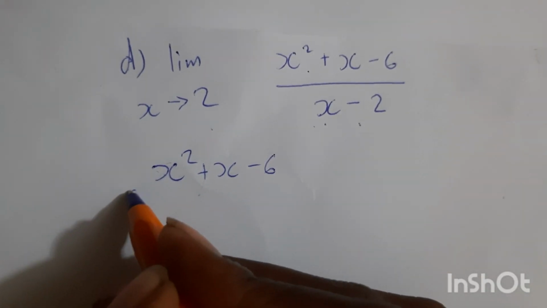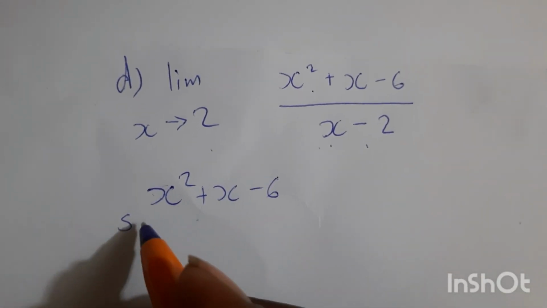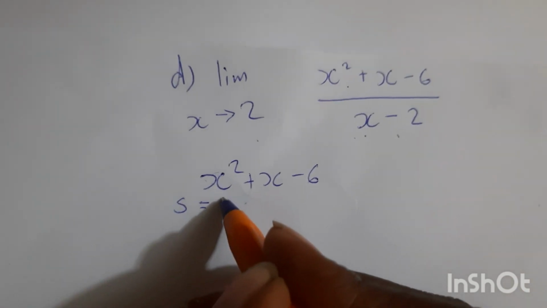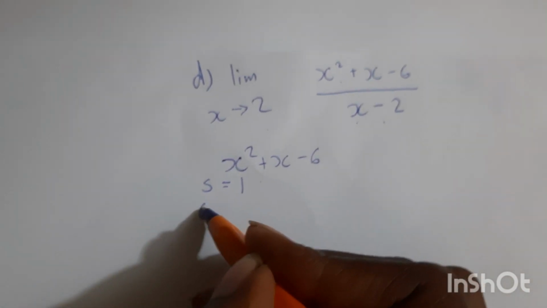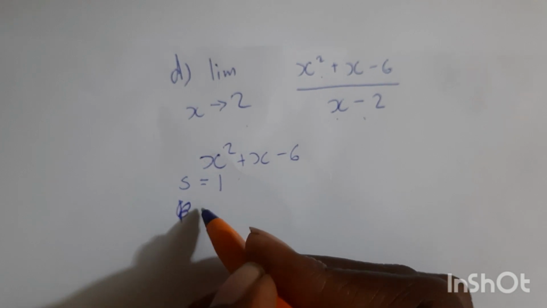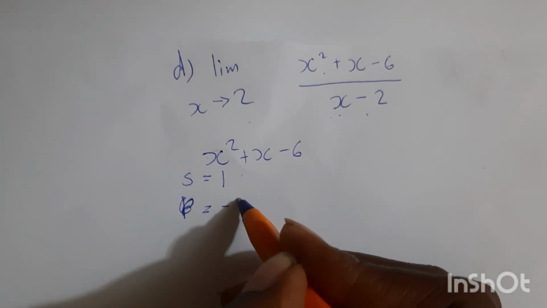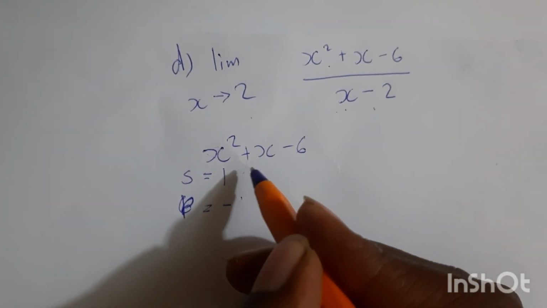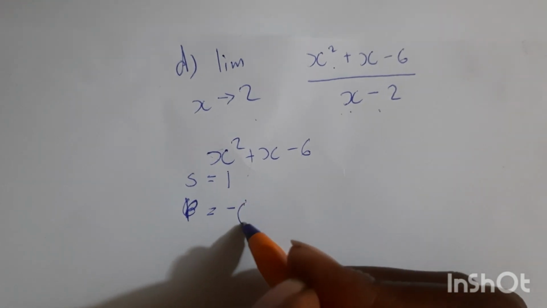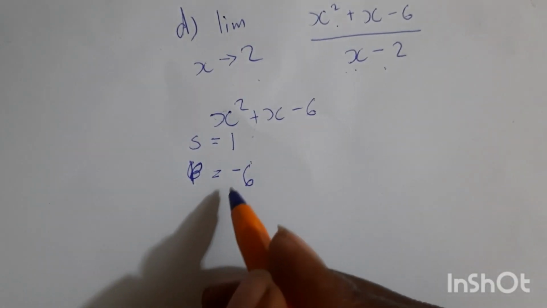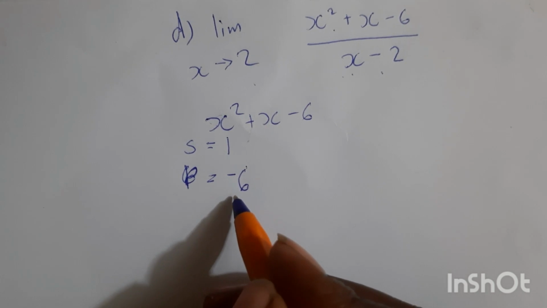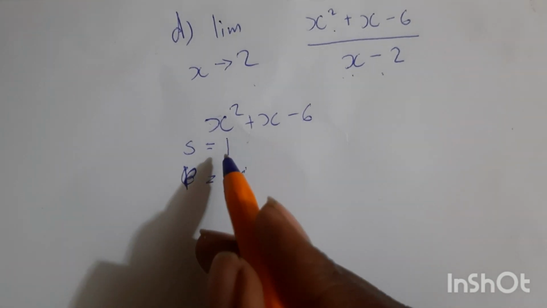The sum is the coefficient of the middle term, which is 1. And then the product is -6. So what two numbers multiply to give you -6, but add to give you +1?